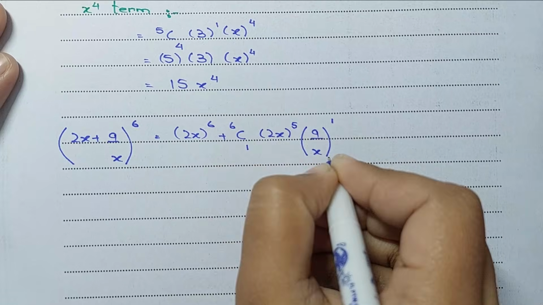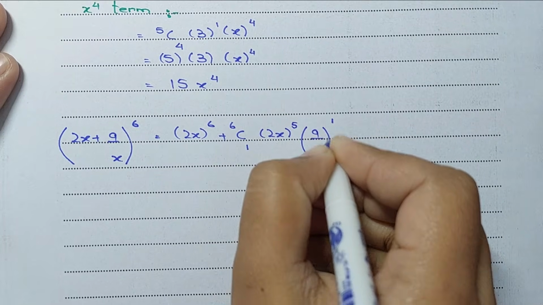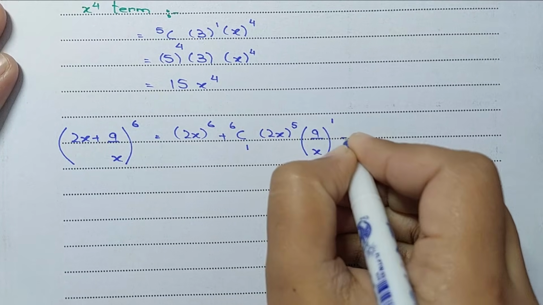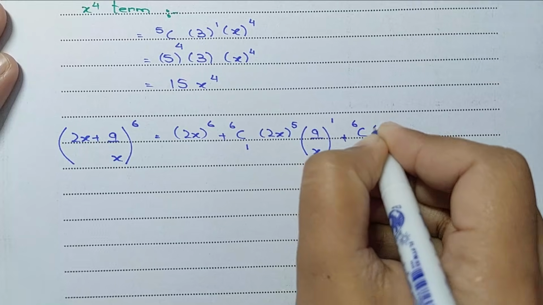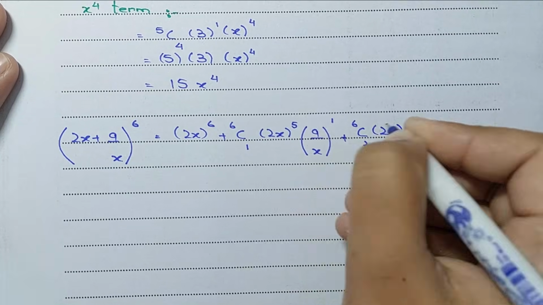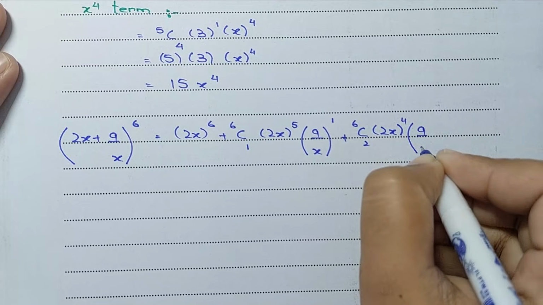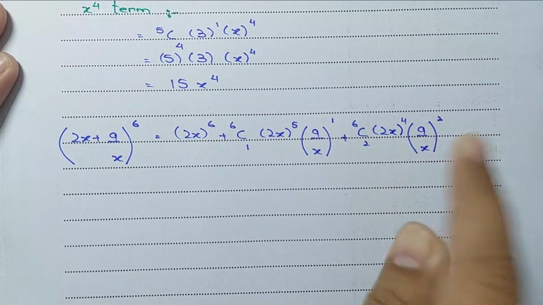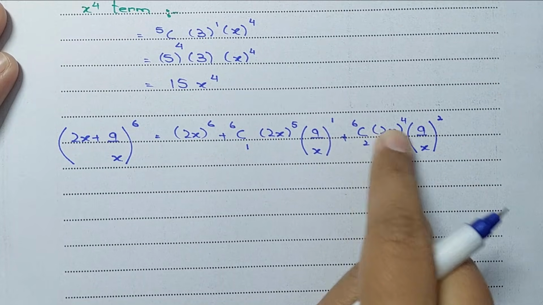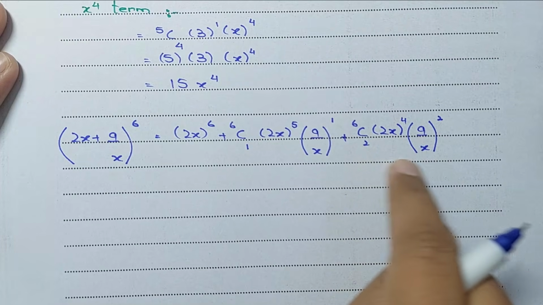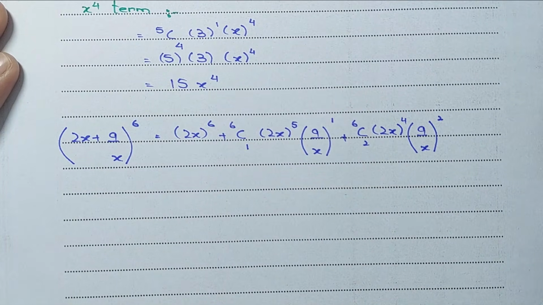Now 5 minus 1 is 4, this is the x⁴ term. Then 6C2, (2x) to the power 4 and (a/x) to the power 2. Now 4 minus 2, this is the x² term.